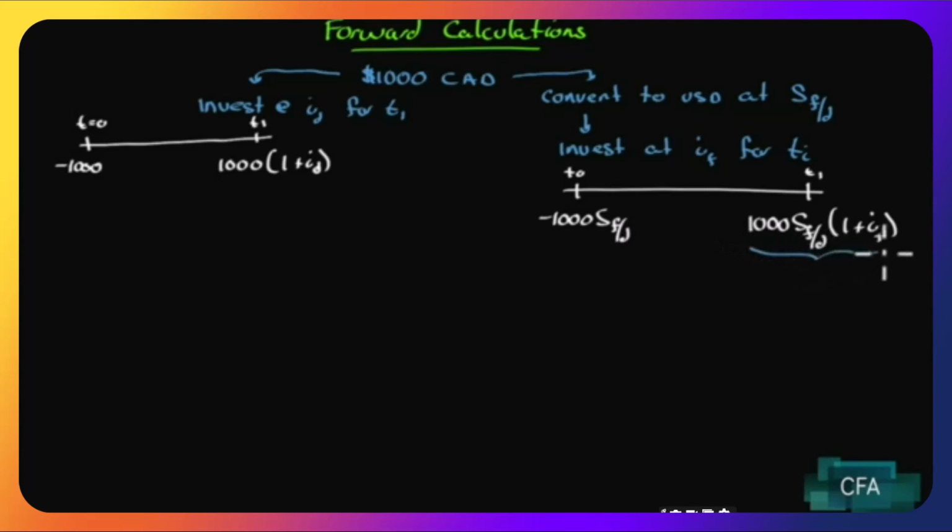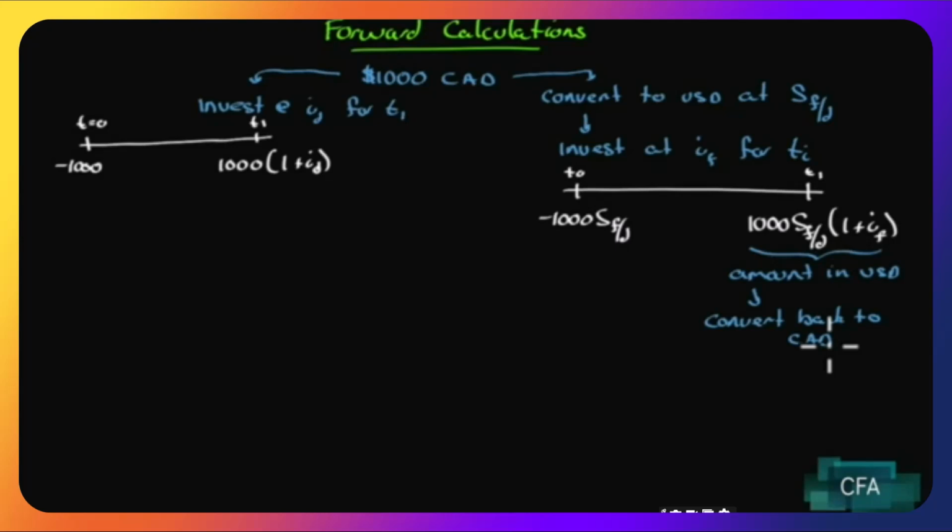All of this here is now an amount in US dollars. But we don't want US dollars, we need to convert this. So we will convert back to CAD, and we will do that at a forward rate. Now you might be saying, but we don't know what the forward rate is. No, we don't. We're developing an arbitrage argument to determine what it should be.